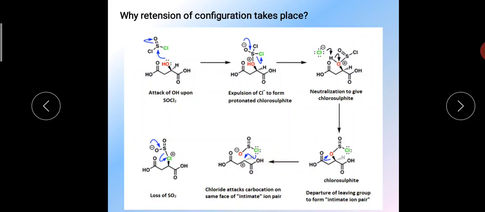So your sulfur gets a positive charge, chloride becomes neutral, and since sulfur gets a positive charge, this negative charge on oxygen is delocalized towards your sulfur. As a result, the S double bond O molecule is expelled, and this is a stable product. So after expelling this, you get back your product, the substituted product, which has the very same configuration as that of your starting material.